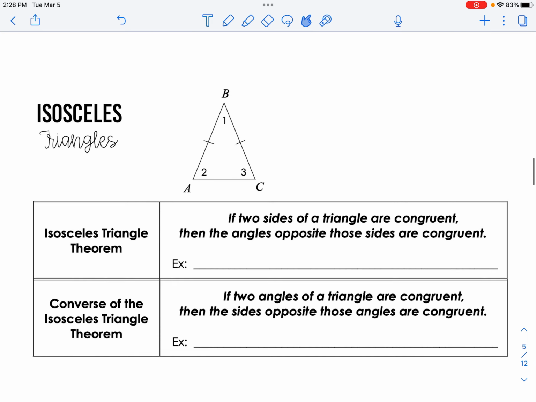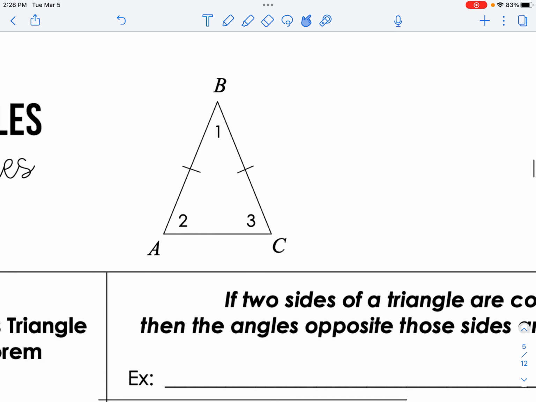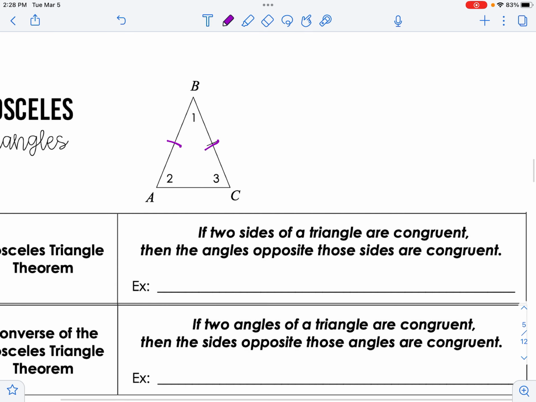Okay, so first let's talk in a little bit more depth about what an isosceles triangle has. An isosceles triangle has two congruent sides, as we already know. But the isosceles triangle theorem says if those two sides are congruent, so congruent here and here, then the angles opposite those sides are also congruent.